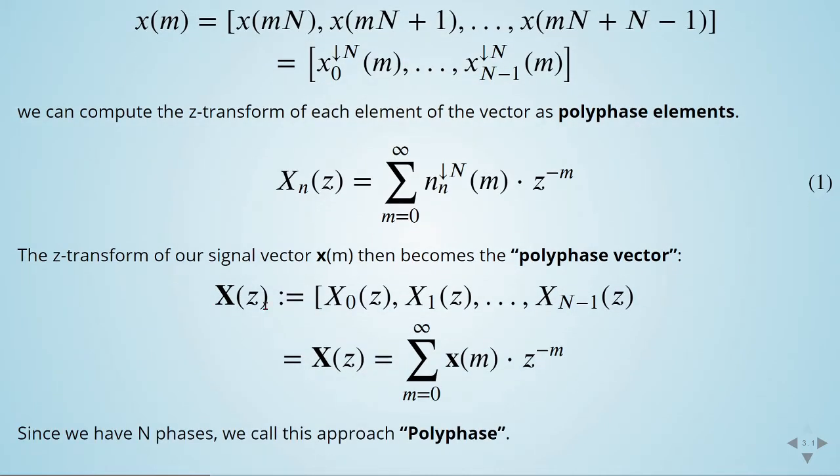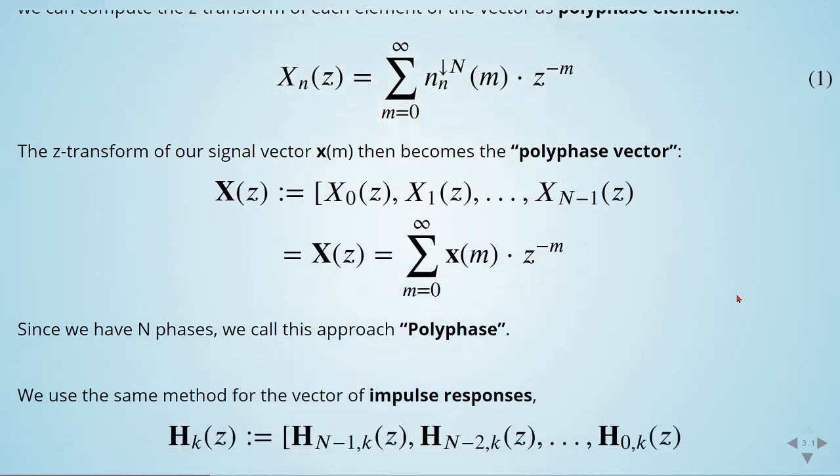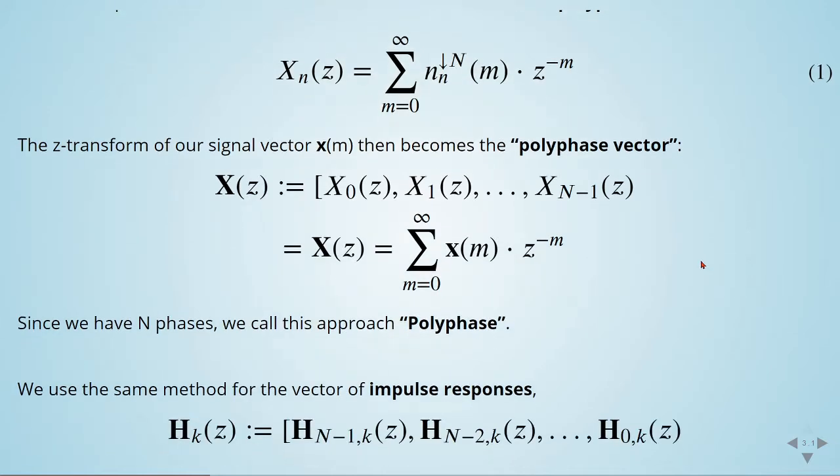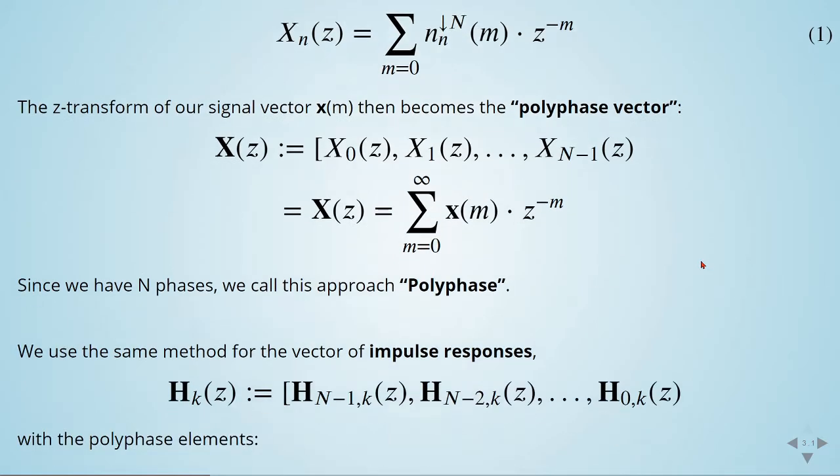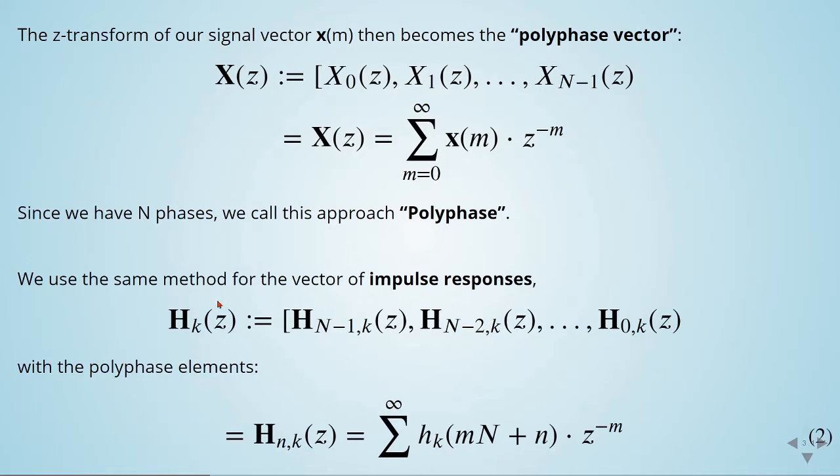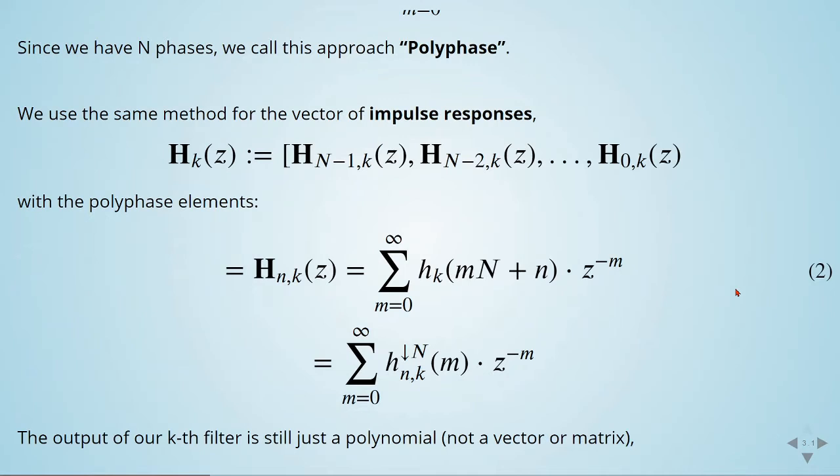Since we have N phases, we call this approach polyphase. We will use the same method for the vector of impulse responses. So we have here a vector of impulse responses, and then we have the polyphase elements, each one given by this.